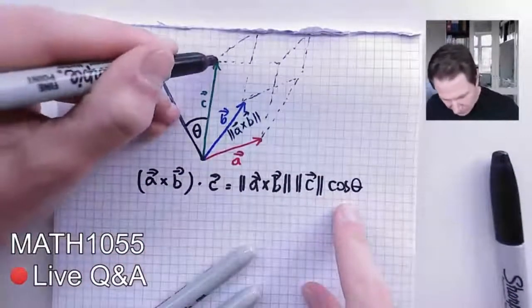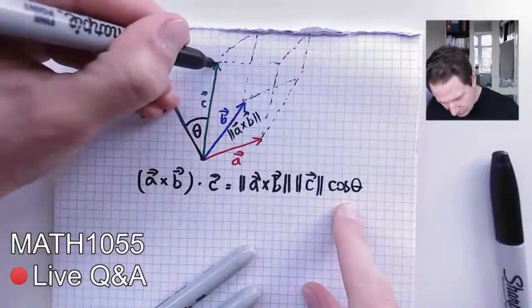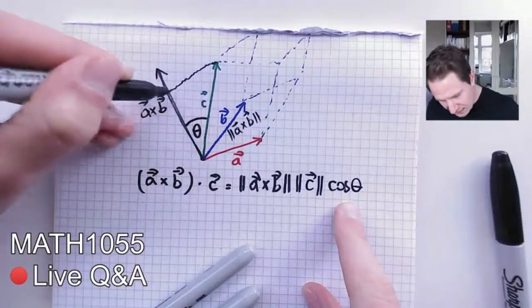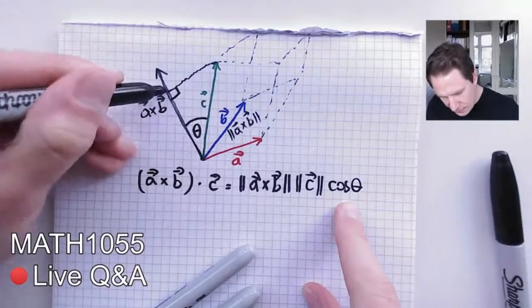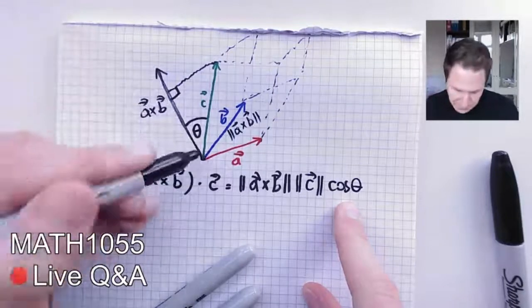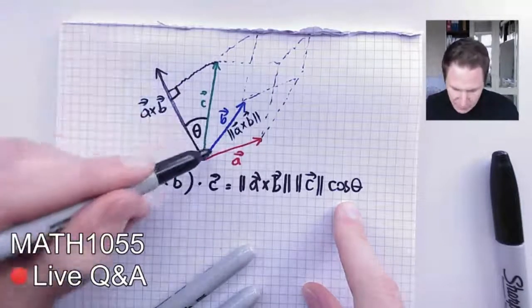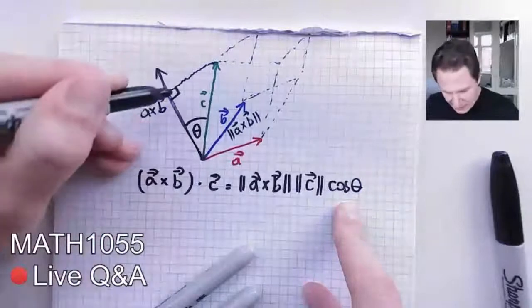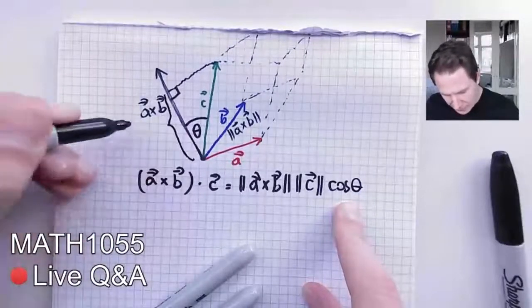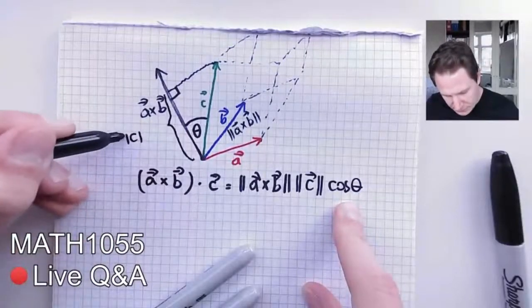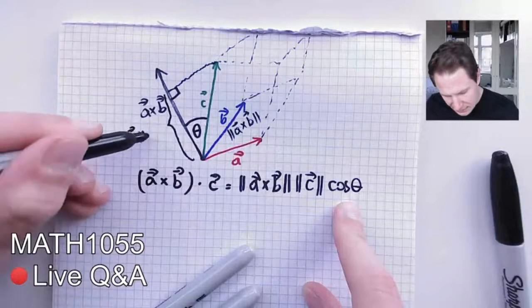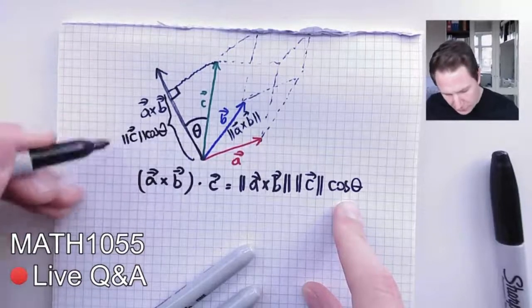And that's nothing but the projection of C to this line that is perpendicular to the base. So basically, this length here is the length of C times the cosine of theta.